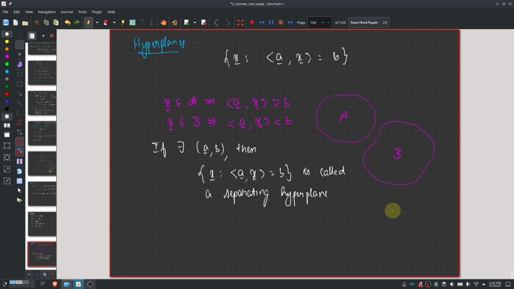For example, if this is my set A and my set B looks something like this, this is a visual example of a case where it's not possible to draw a line that separates A and B. So these two are not linearly separable. But it's possible to give a sufficient condition under which A and B are linearly separable. That condition is simply that if A and B are both convex and disjoint, then there always exists a separating hyperplane.